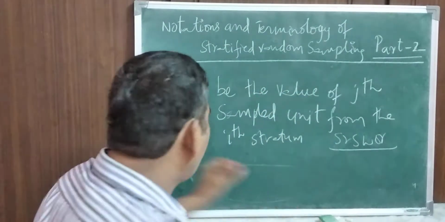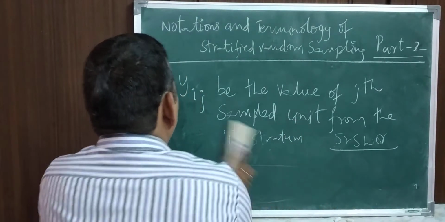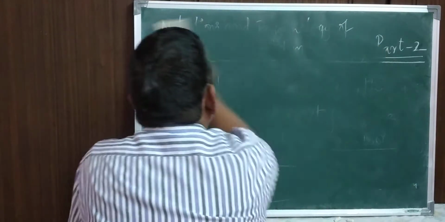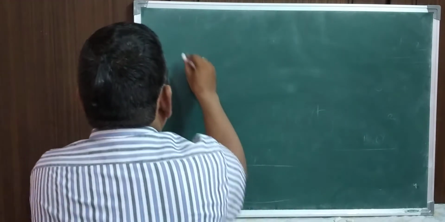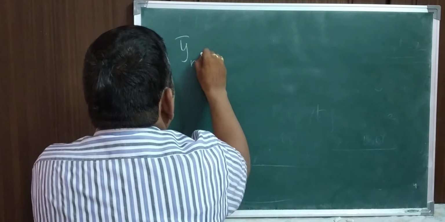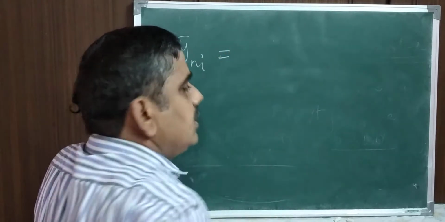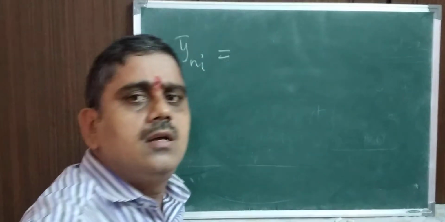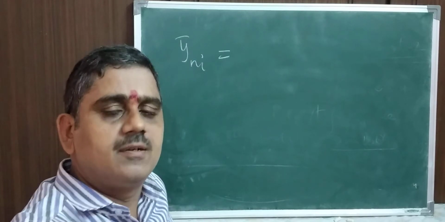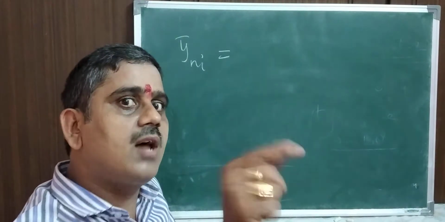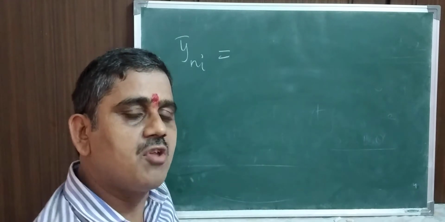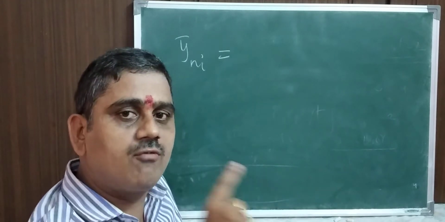Now come to the formula of y bar ni. Now what is y bar ni? This y bar ni is nothing but the mean of the selected sample units in the ith stratum, from the ith stratum, drawn from the ith stratum. Remember, not in the ith stratum, but from the ith stratum.